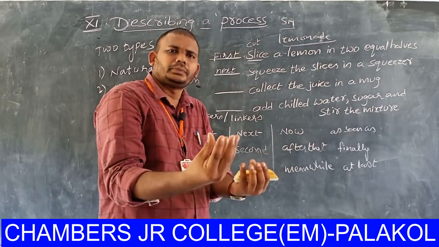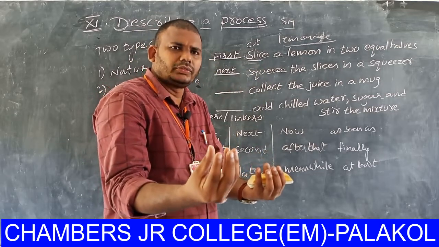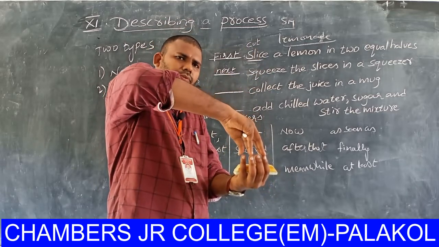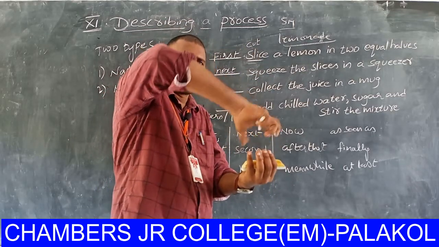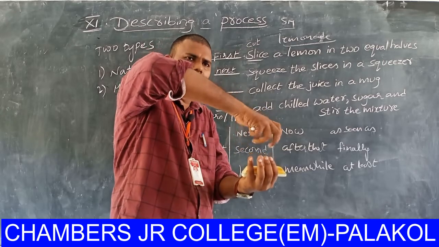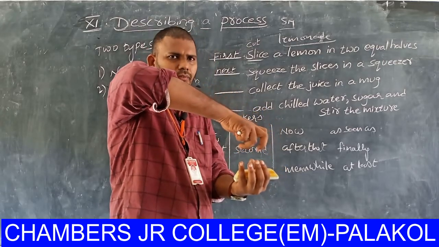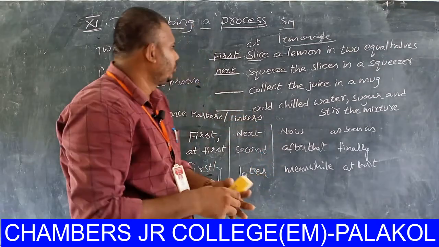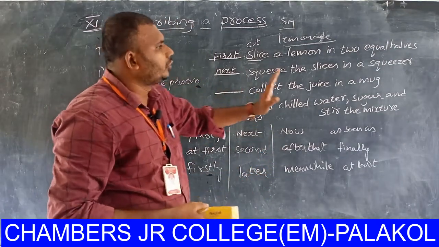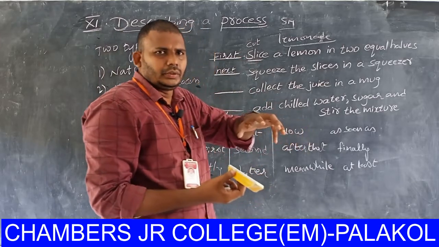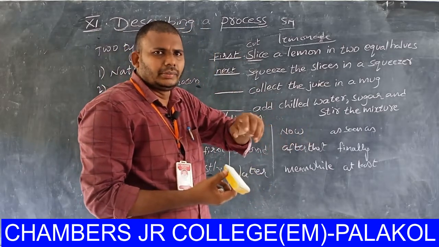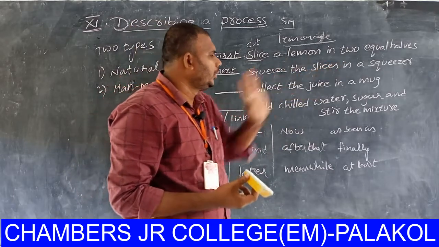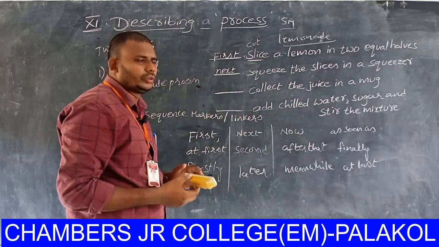By putting the lemon half on the top and pressing it, this is called the action of squeezing. So next, squeeze the slices in a squeezer. The container used for squeezing the slices is called a squeezer. Okay, the second step is also joined.